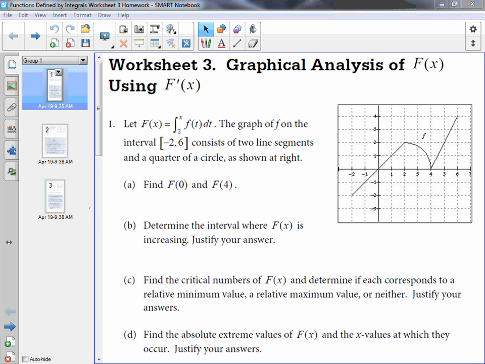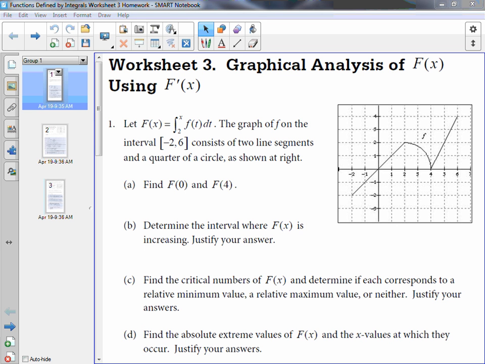All right, so let's take a look at number 1 here on worksheet 3. All right, they give us, amazingly enough, a function defined by an integral.